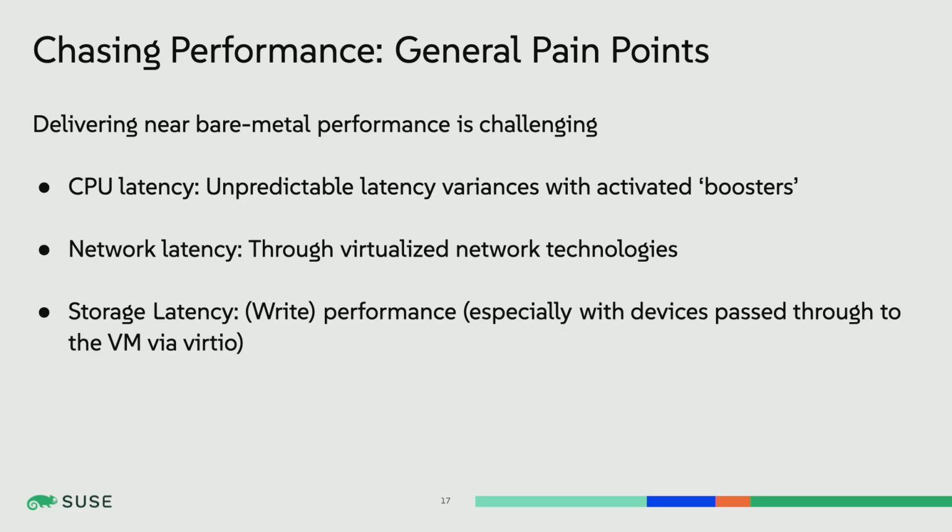The general pain points that we have, this is more a general statement. The general pain points with virtualization, when you want to show that you can transport performance through the abstraction layer, are basically these three points. CPU latency with activated boosters.